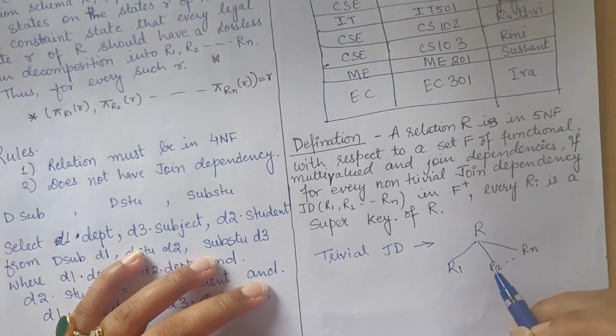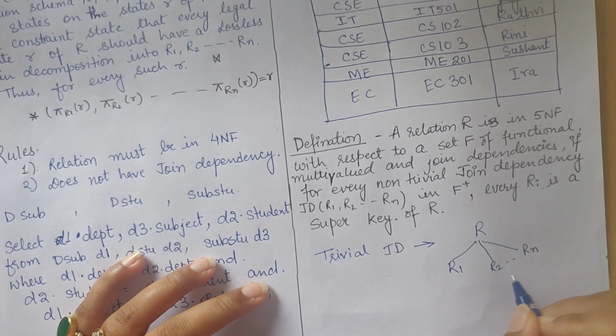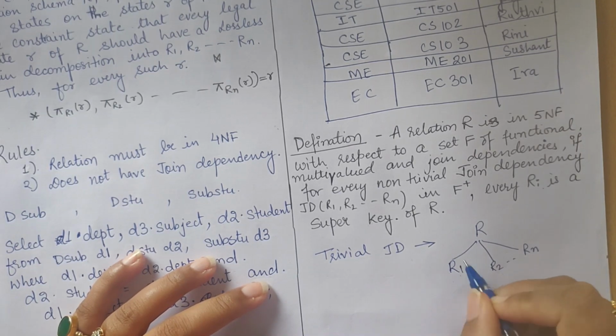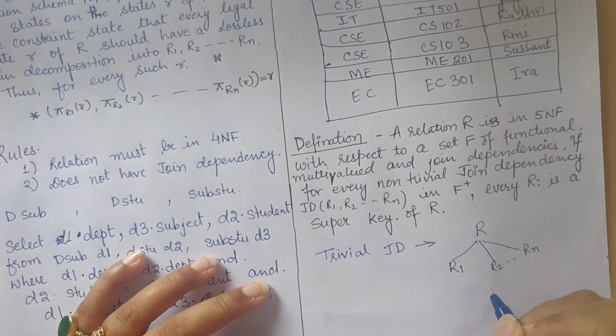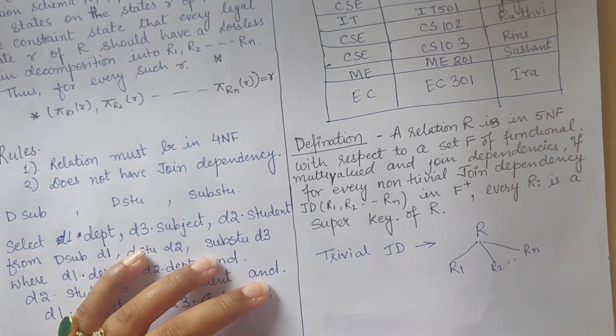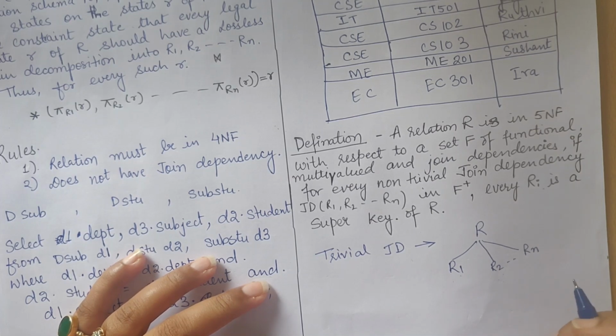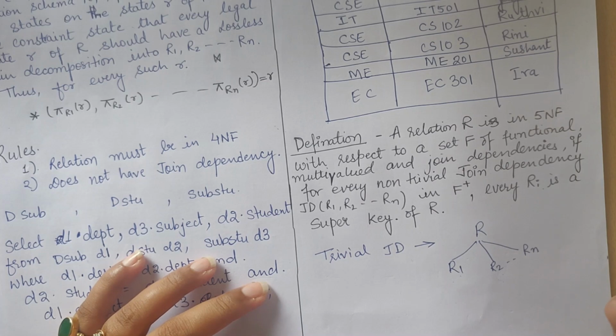A trivial join dependency is if any Ri in this join dependency is equal to this R, then we will say it is a trivial join dependency. So basically, if I am decomposing this R into R1 and R2 and instead of this R2 it's R, the same table I am getting here, then this kind of dependency is known as trivial join dependency. Then there is no problem of any redundant value.